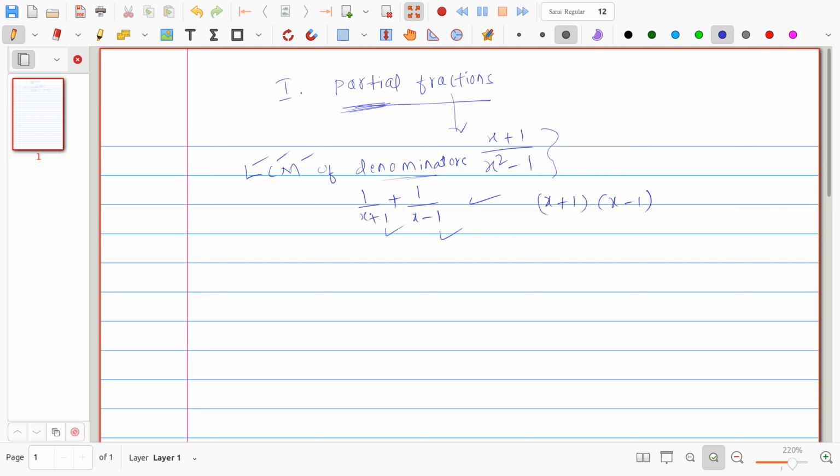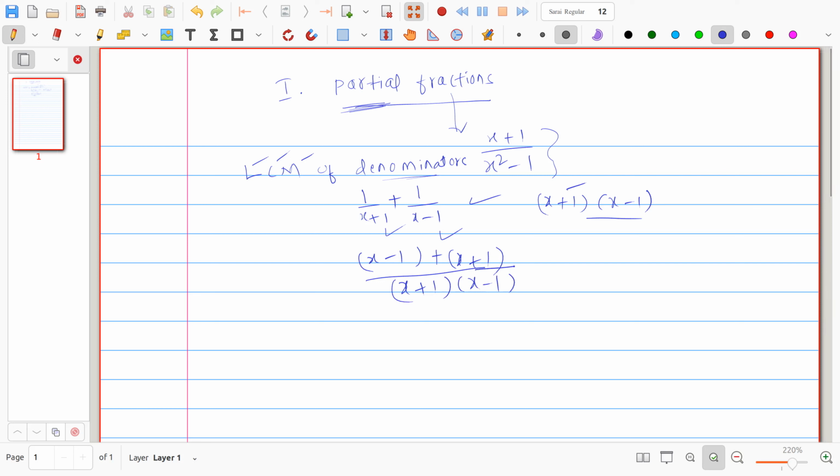If we take the LCM and multiply it with the numerators, for the first term we get x plus 1 remaining, and for the second term we get x minus 1. So the numerator is x minus 1 plus x plus 1, and the LCM is (x plus 1) into (x minus 1).